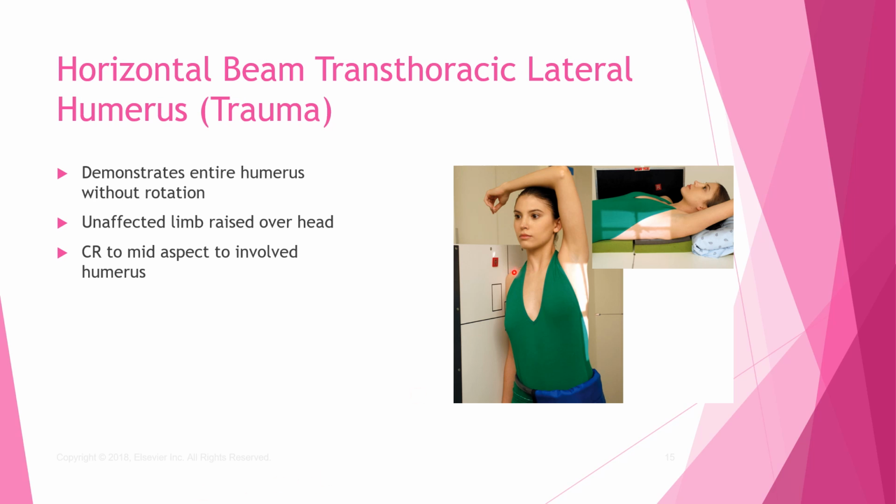All right, so this is the affected arm. The right arm is the affected arm in both of these images. So if she's standing, you would do it like this. If she was recumbent, you would do it like this. You raise the unaffected arm out of the way.